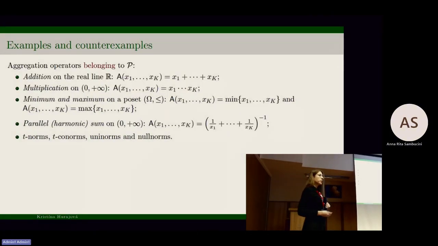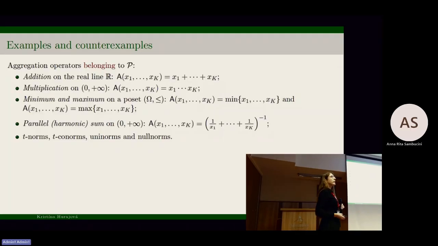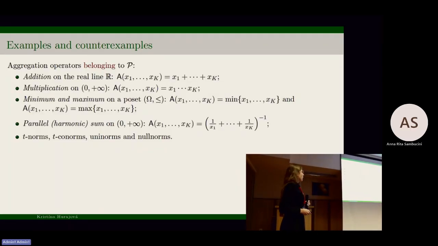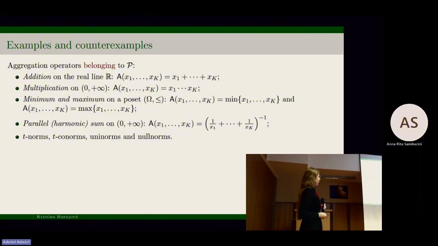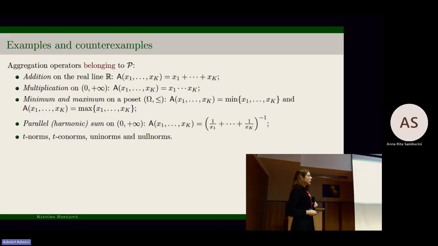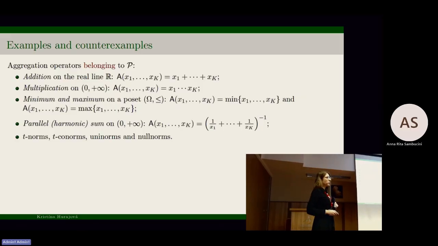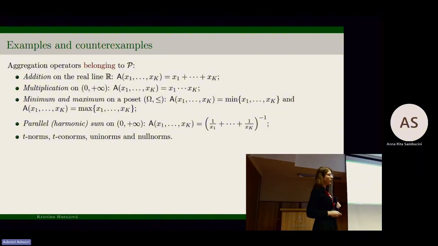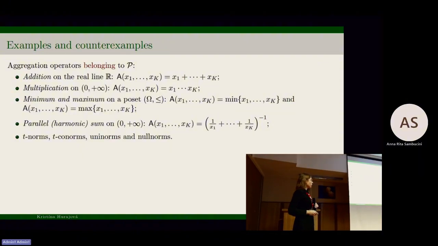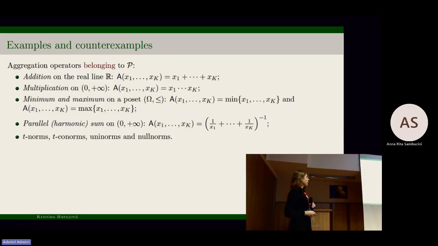This example shows that PIF operators include several associative operators such as addition, multiplication, minimum, or maximum. These operators are commutative, associative, and incremental, and adding one element doesn't change the rule.